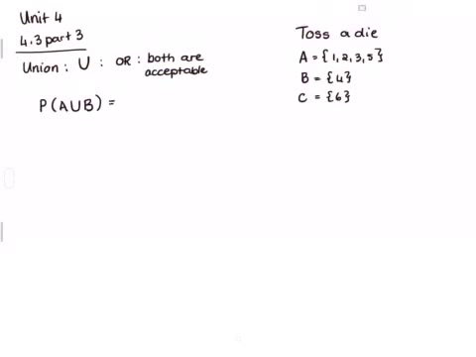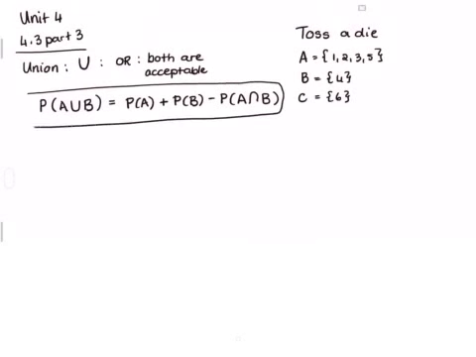The probability of my solution coming from A or B, of my outcome being either from A or from B, is the probability of getting A plus the probability of getting B minus the probability of getting A and B. This is my general rule.